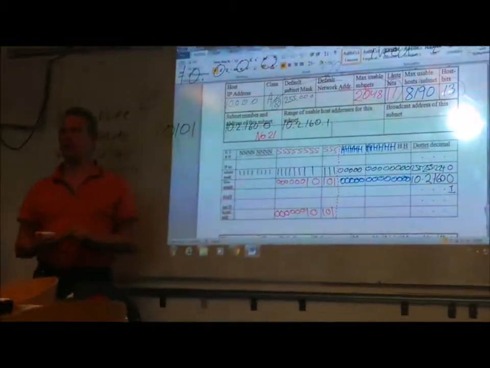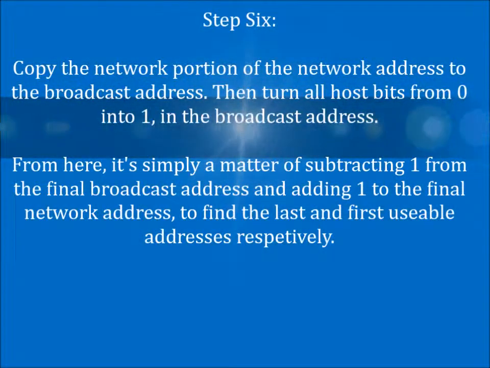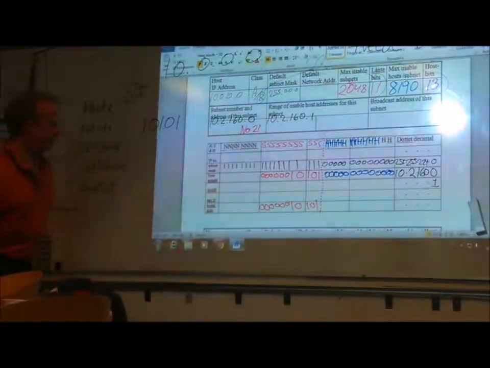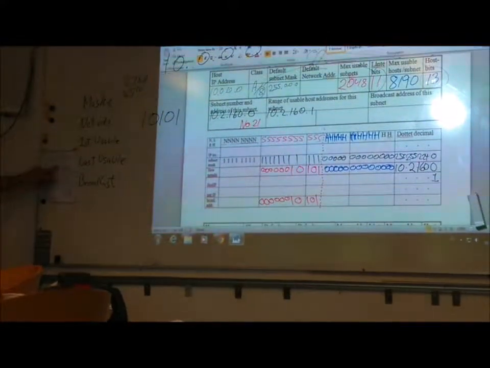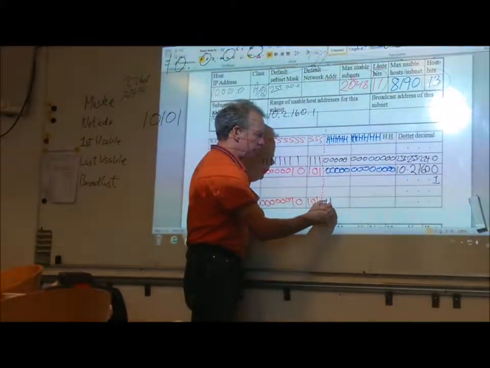That is your network number, it must not change under any circumstances. But you do know also, your host bits in your broadcast address are always ones. So, change your host bits to ones.